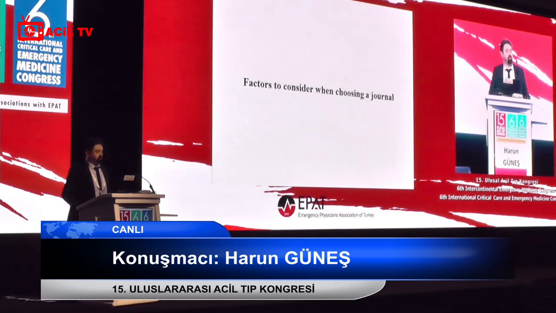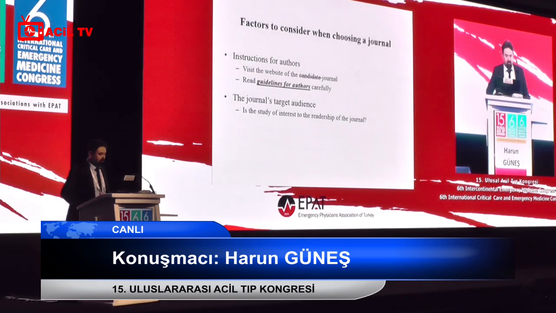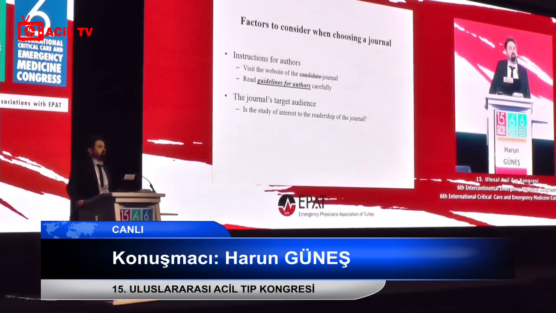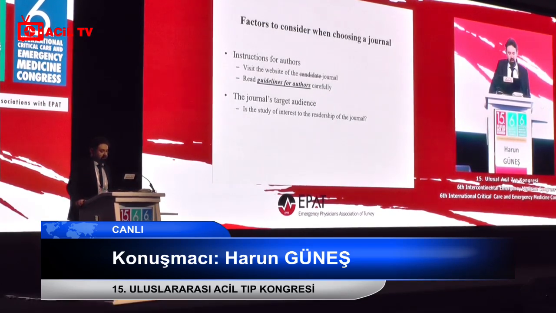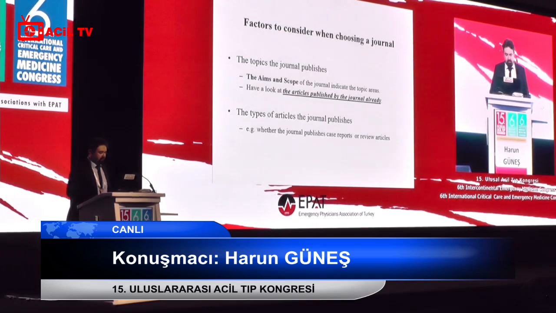Let's have a look at some factors to consider when choosing a journal. Instructions for authors is the first factor to be considered. The authors should visit the website of the candidate journal, and read the guidelines for authors carefully. The journal's target audience is also important. Whether the study is of interest to the readership of the journal should be considered before submitting the manuscript.